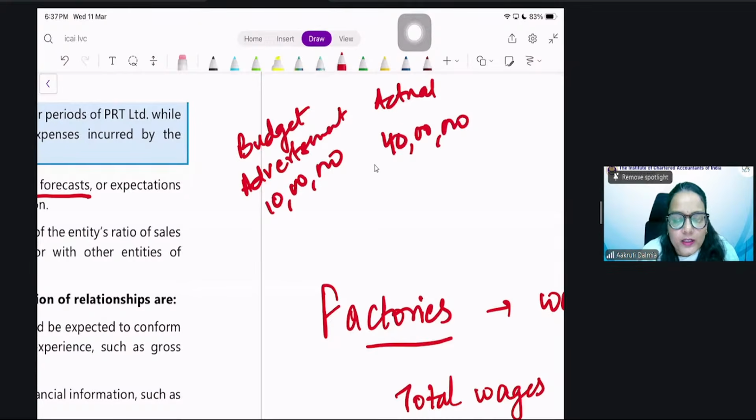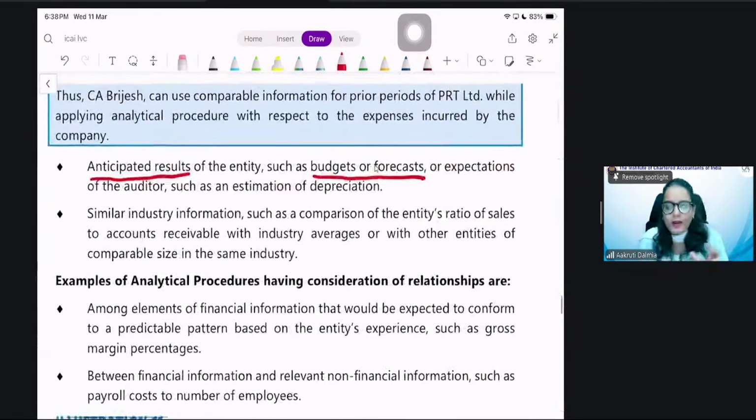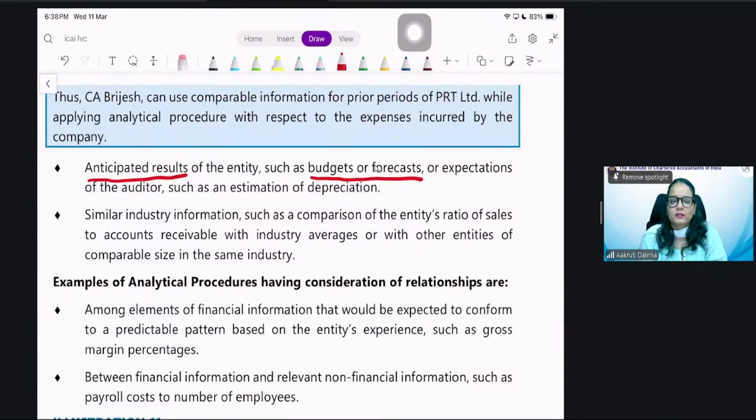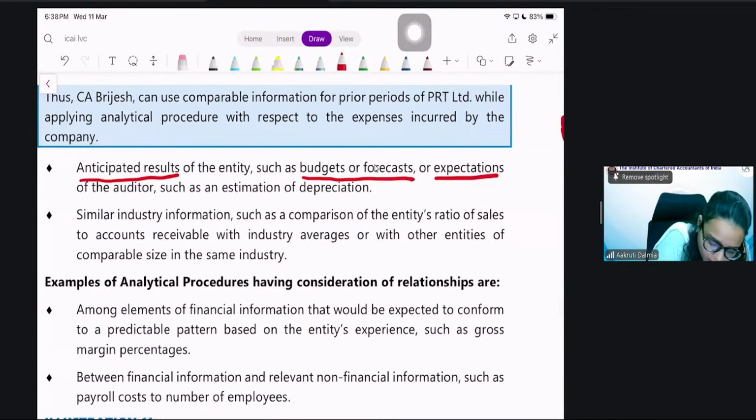In the start of the year, you budgeted only 10 lakh rupees for advertisement. Why have you spent 40 lakhs? So you can ask this question. What is that? Analytical procedure. So comparing with forecast, comparing with budgets, comparing with expectations of the auditor, all this is also analytical procedure.